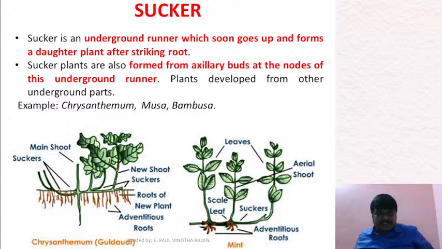That is called a sucker. Examples: chrysanthemum, Musa, Musa means the banana plant, and Bambusa, Bambusa means bamboo trees. They will form the branches like this. They are called underground runners. We call them a sucker.